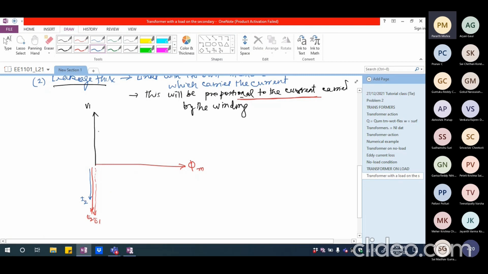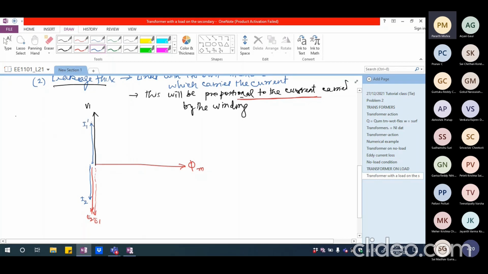The reflected current I can draw on the other side, and if I assume the turns ratio is 1, I should show a current which is almost the same length as that of I2. So I should show this as I1 dash.